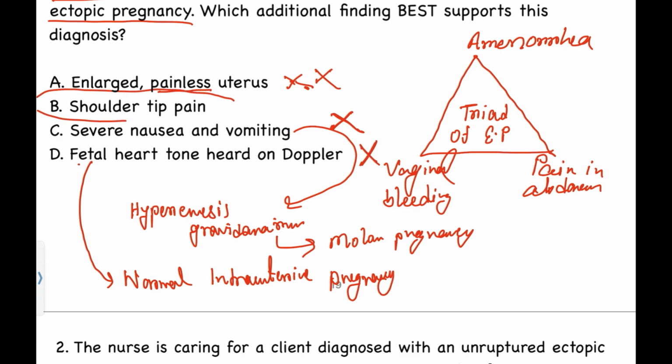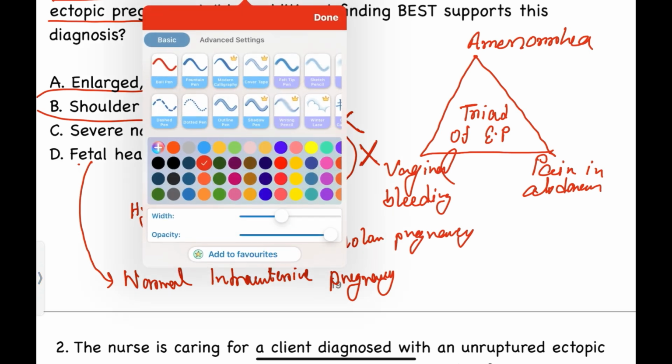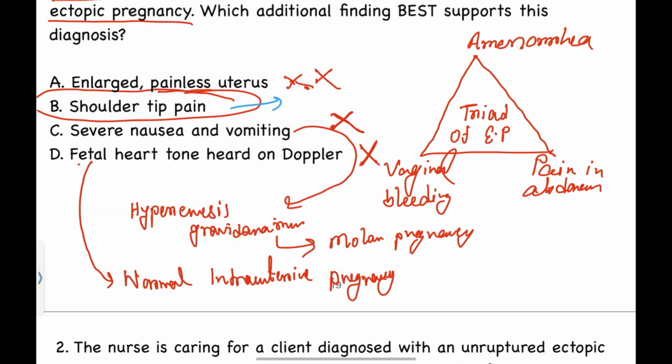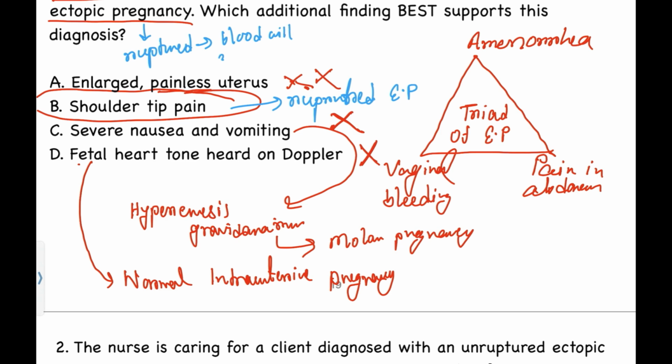So what is the correct answer? Shoulder tip pain. Why is shoulder tip pain the correct answer? Because this is the feature of ruptured ectopic pregnancy. When the mother has a ruptured ectopic pregnancy, blood will accumulate in the peritoneum.